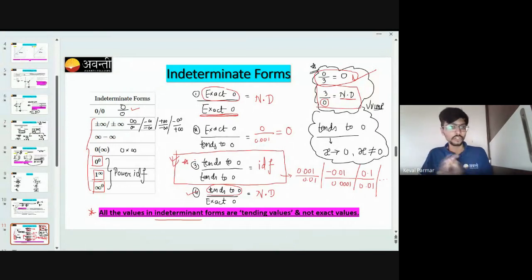We do not talk about exact values in indeterminate forms. We talk about tending values. And since we talk about tending values, we talk about limits.